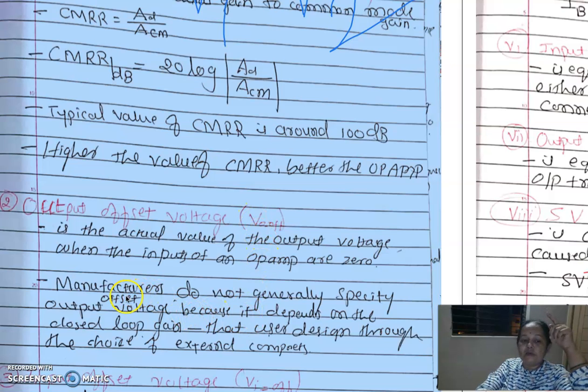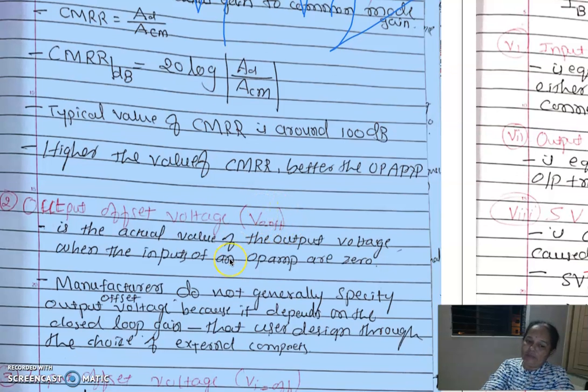It is not a parameter to be specified by the manufacturer. It depends totally on the design by the user. How he designs and what external components he uses determines the value of the output offset voltage.